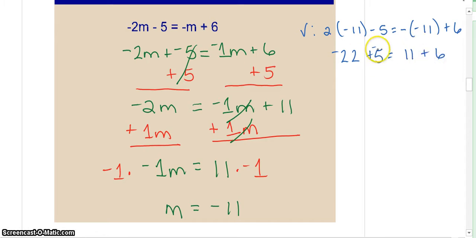So I'm going to change this to plus and negative. I dropped my negative on this 2 right here, so that should be a negative 2 times a negative 11, which is positive 22, plus negative 5 is 17, and on the other side I also get 17, so my answer is correct. Let's now move down to the next problem.